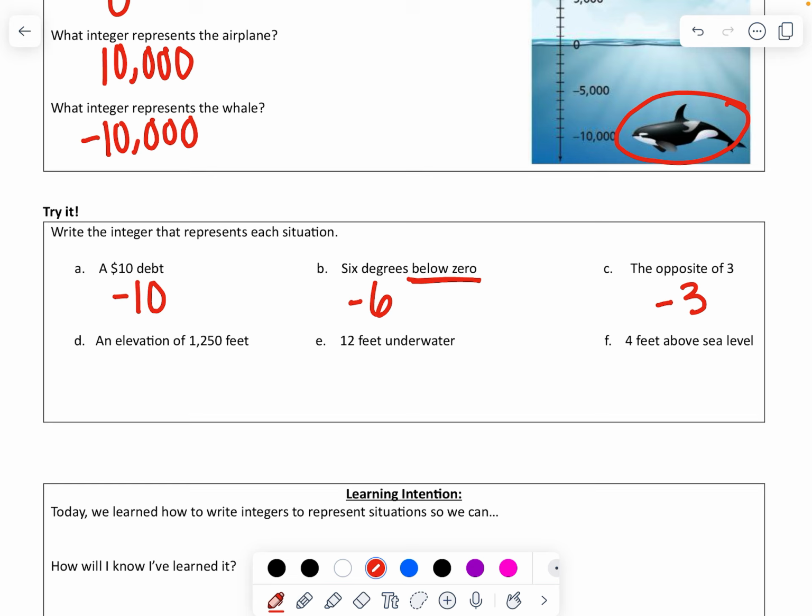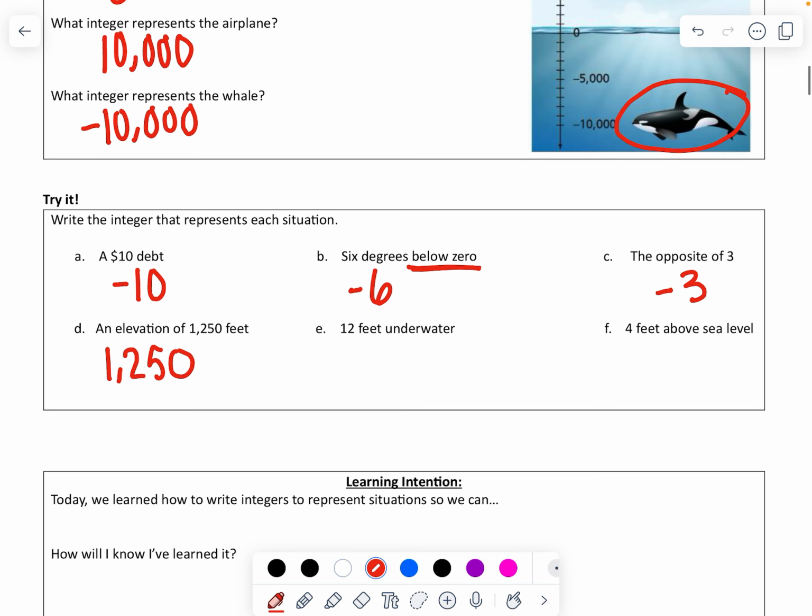Then an elevation of 1,250 feet, you may hear that like in the mountains. If you're at an elevation or up in the air, like on a plane, that's where you would hear elevation. So an elevation of 1,250 feet means we're above ground, and so that would be positive 1,250.